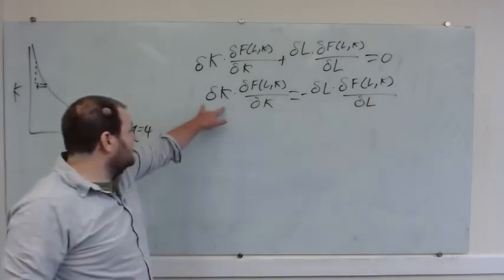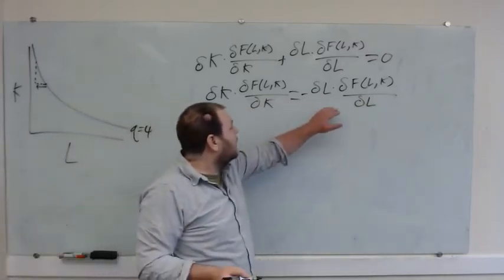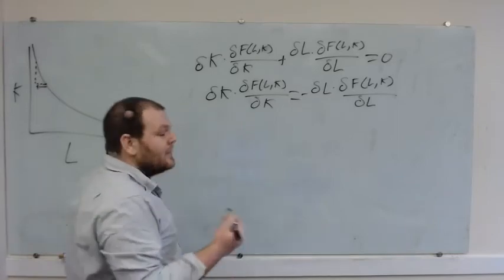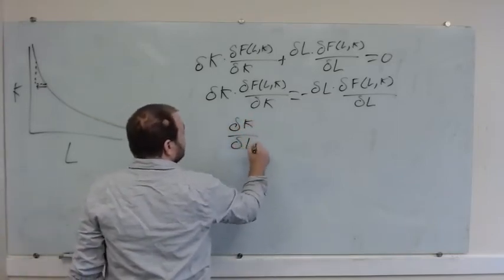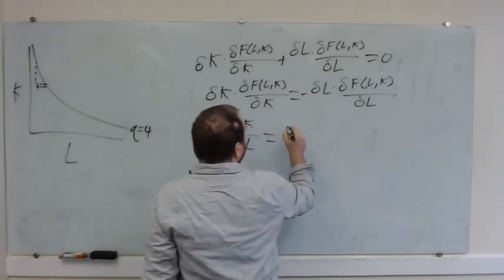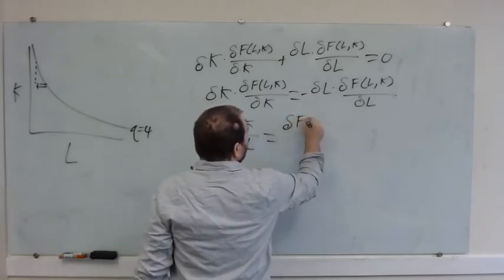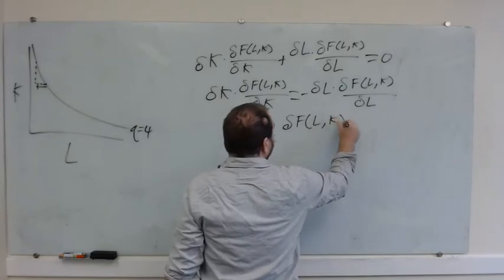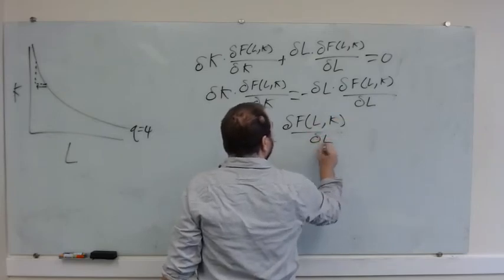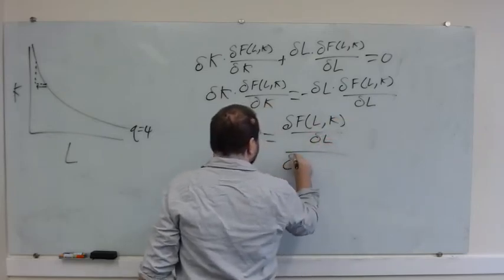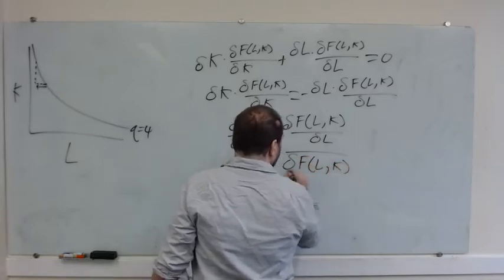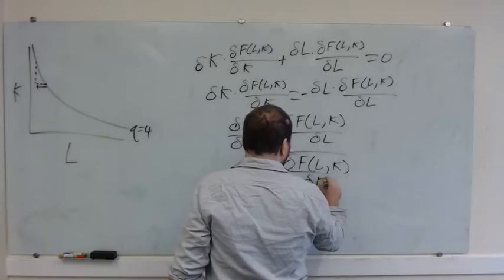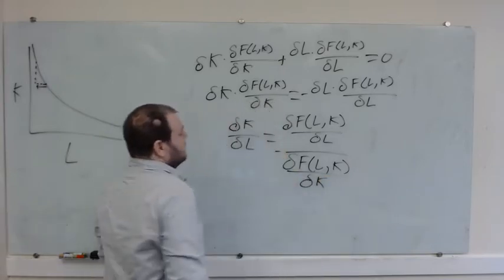So if we want to know what's the change in capital per change in labor, that's just going to be dK over dL is going to equal negative dF(L,K)/dL over dF(L,K)/dK.